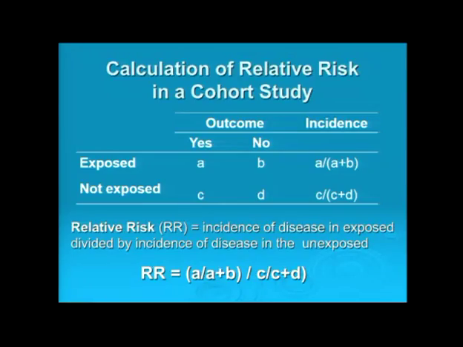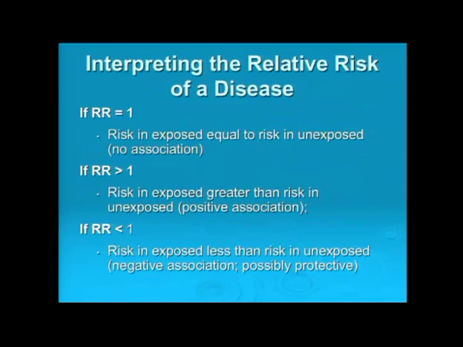So this is in place of an odds ratio. Remember AD over BC. For a relative risk, which is a much better, less biased estimate, we take the incidence of disease in the exposed divided by the incidence of disease in the non-exposed, and that gives us a relative risk.